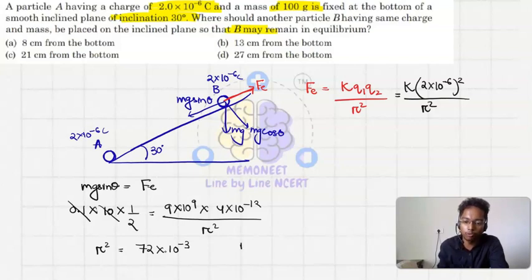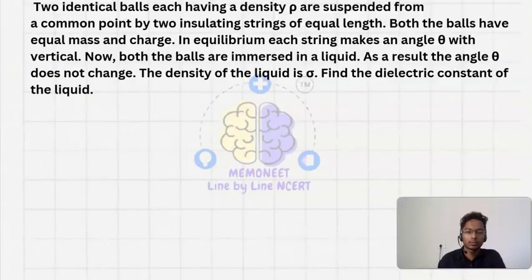So if we want to find the value of r, that is 72 into 10 to the power minus 3 under root. This will come nearly equal to 27 centimeter. So it will be present at 27 centimeter from the bottom.